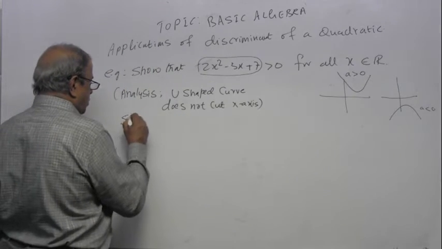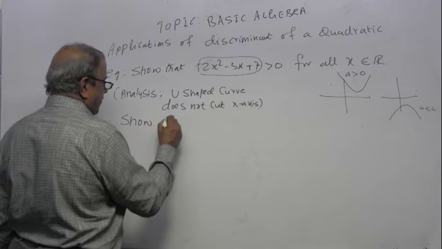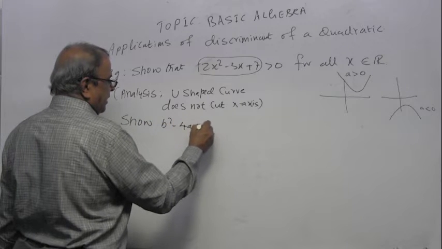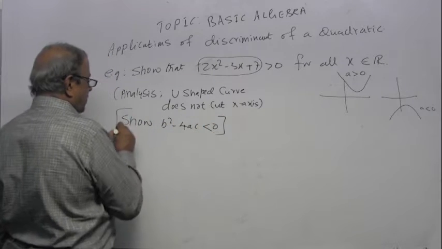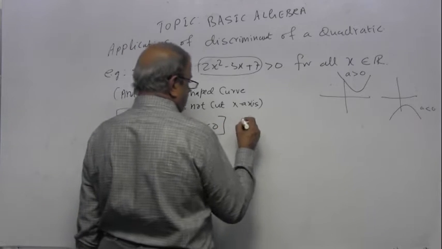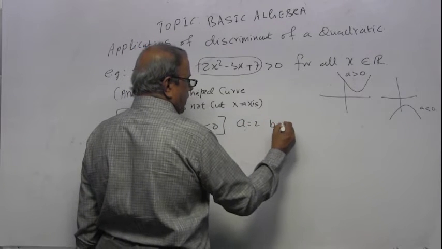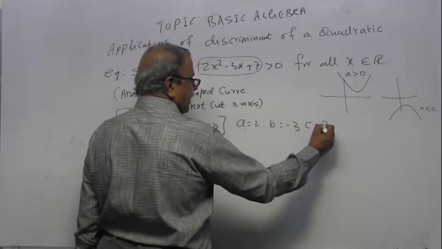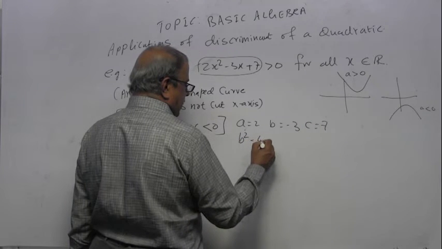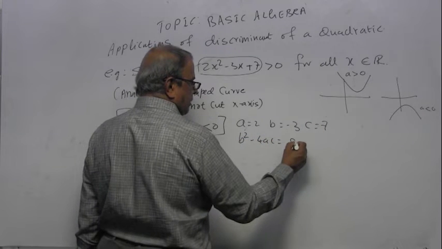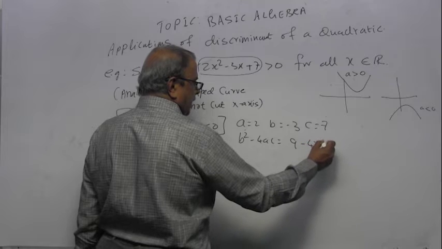If it doesn't have real roots, your discriminant must be negative. So in other words, show b squared minus 4ac is less than 0. So we just do it there. a equal to 2, b equal to minus 3, c equal to 7, b squared minus 4ac will be 9 minus 4 times 2 times 7.